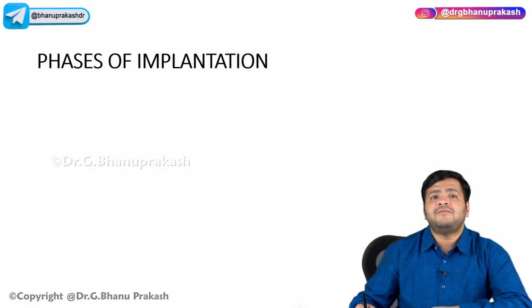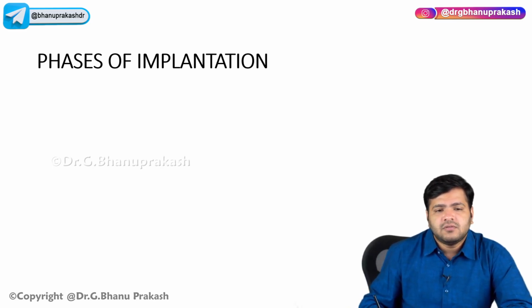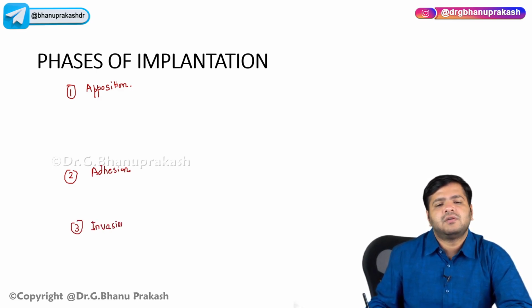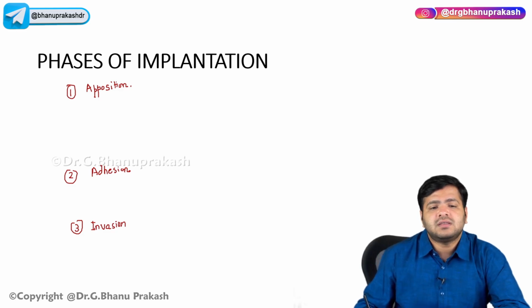Now coming on to the phases of implantation. The first phase is apposition, okay. Then the second phase is the adhesion, and the third phase is the invasion, right. Apposition is facilitated by certain molecules, right?